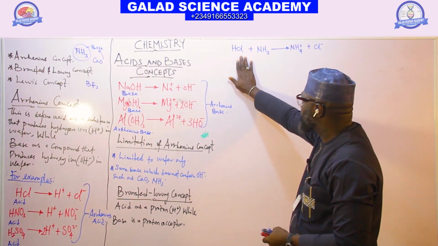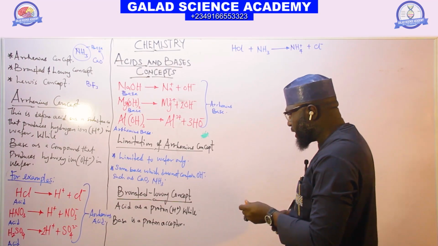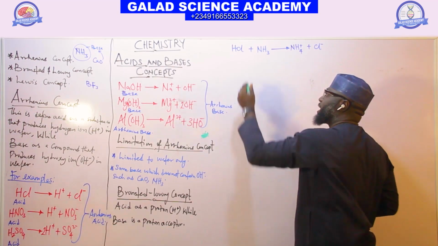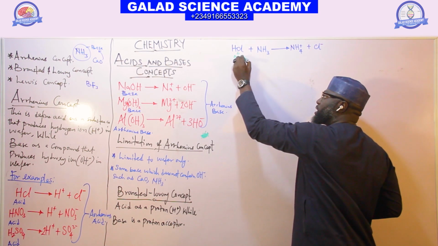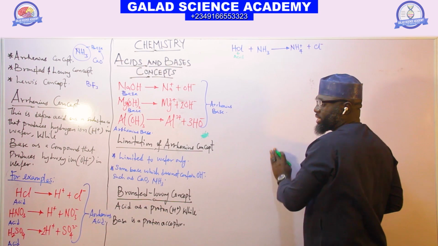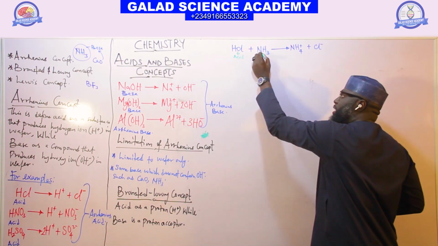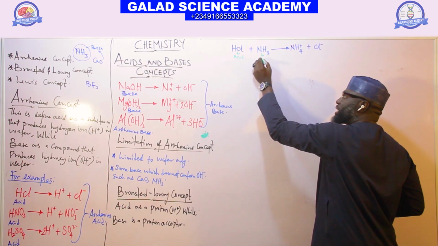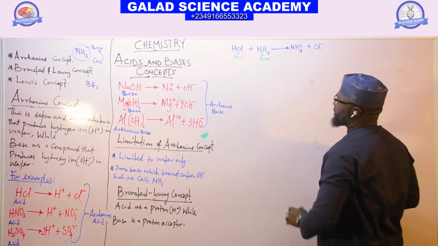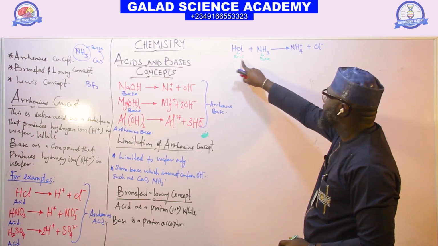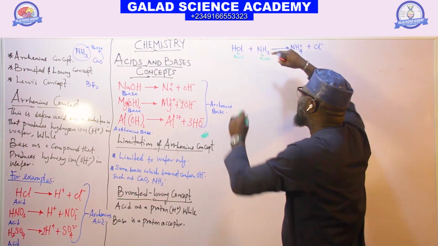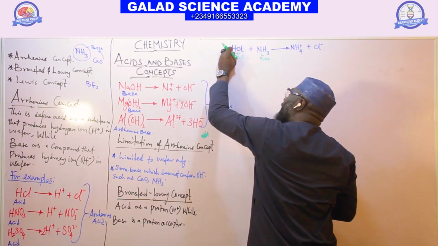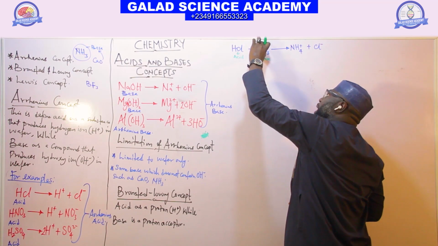Look at this reaction. The HCl we have here is an acid. This ammonia is a Bronsted base. Acid and base. This HCl will release its own hydrogen ion and give it to ammonia.